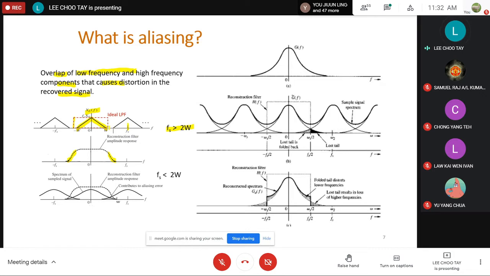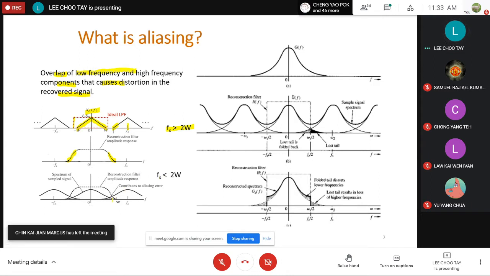If you sample just nice at 2W, and then your low pass filter is not ideal, then your low pass filter will allow some of the first sideband or the second one on this side here to pass through your filter. So again, if this happens, then whatever you recover will not be the exact spectrum of the baseband signal.